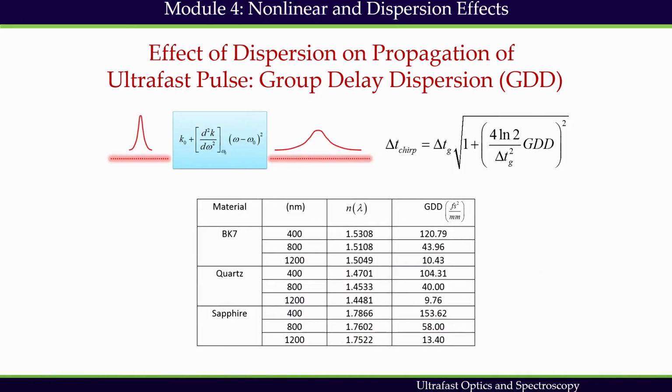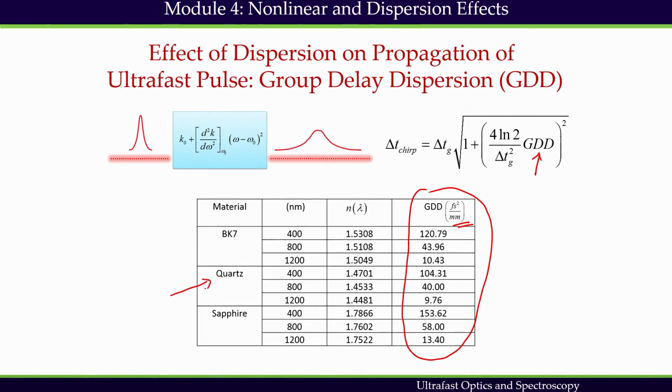So what we see here is that in this expression all these terms, GDD, this is the value of GDD in femtosecond square per mm. This is the unit of GDD. Now per mm we are introducing this amount of GDD for different materials.